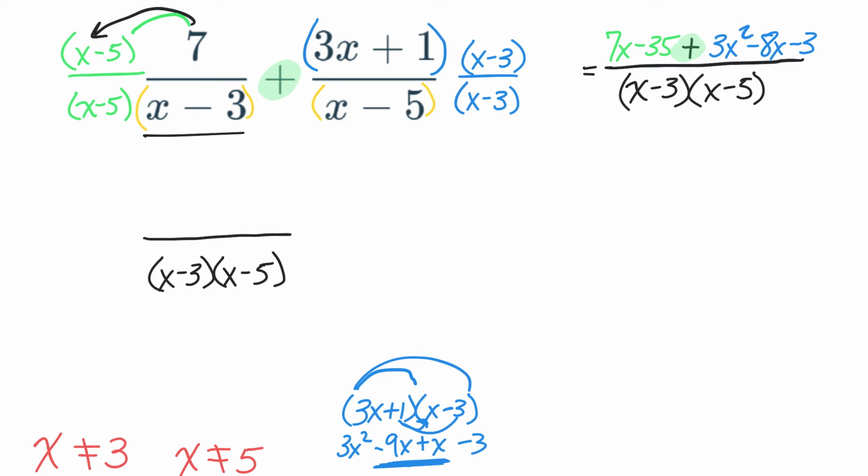So 3x squared doesn't have any like terms. There it is. I have 7x and negative 8x, which is negative x. And then negative 35 and negative 3 is negative 38.